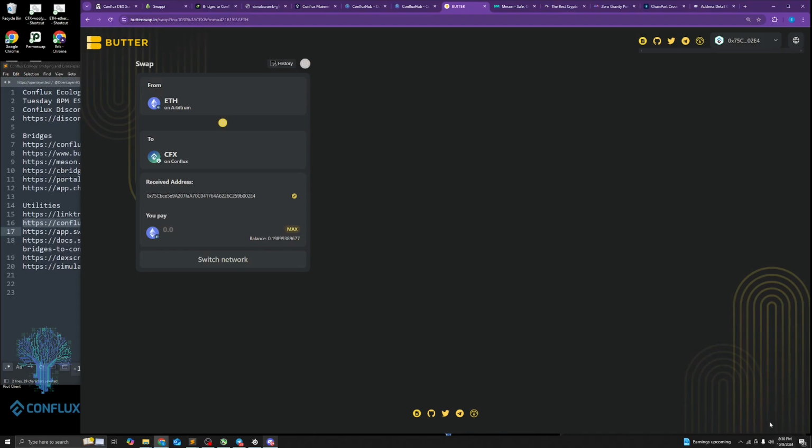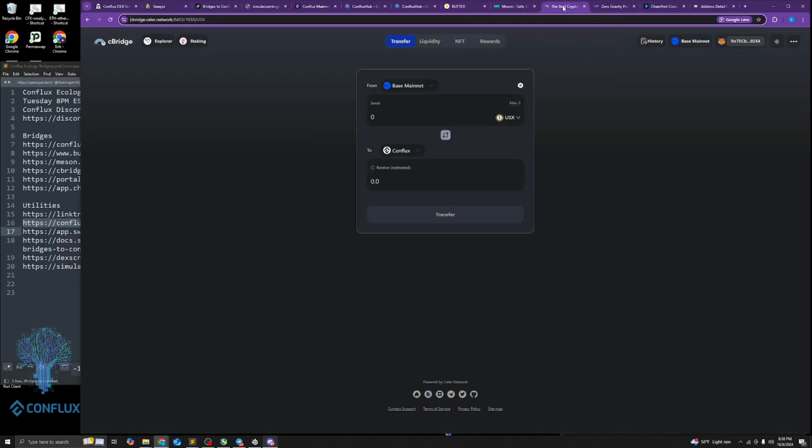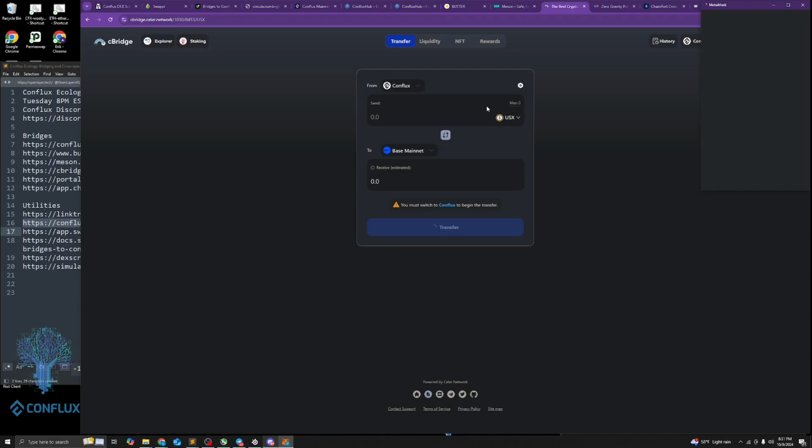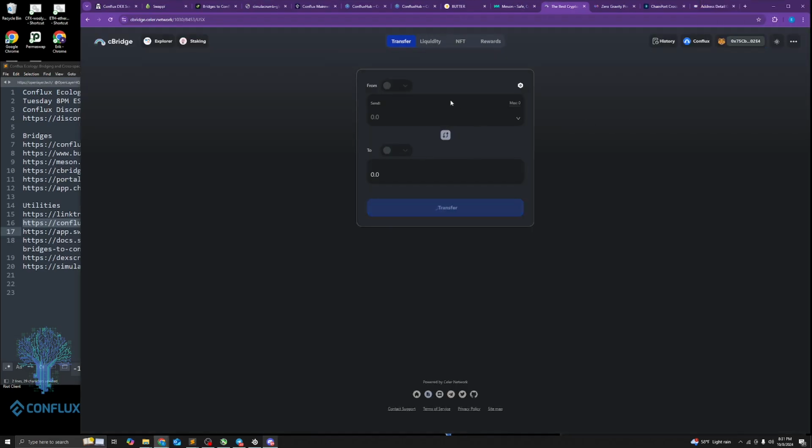I don't know if you guys are getting tired of listening to me, but I'll try to move a little bit faster. So this is another partner bridge. This is cbridge.celer.network. And if I switch this over, again, this has its own strengths. So if I switch to Conflux, I want to send, seems like dForce.